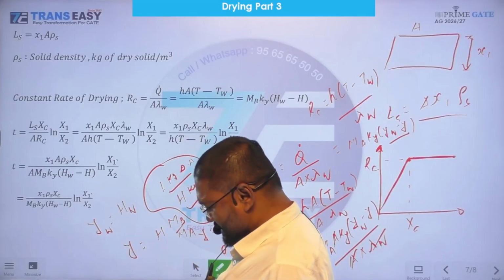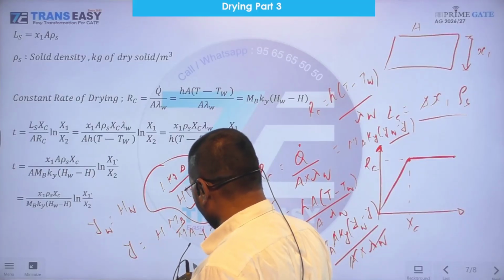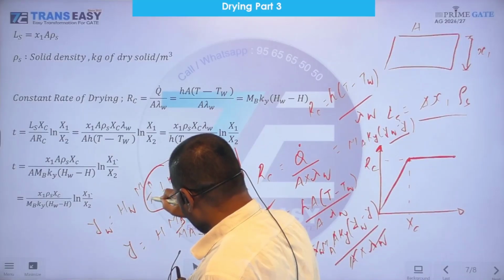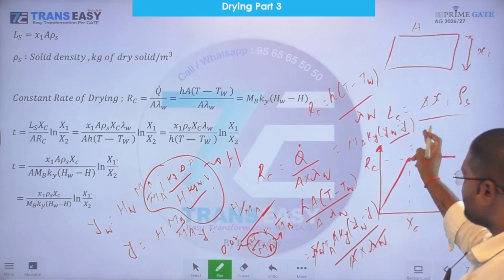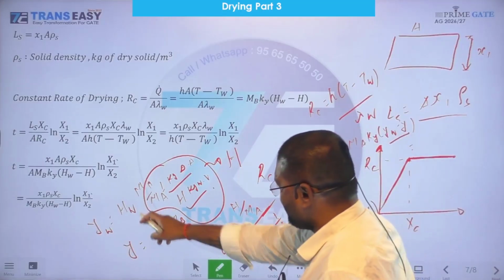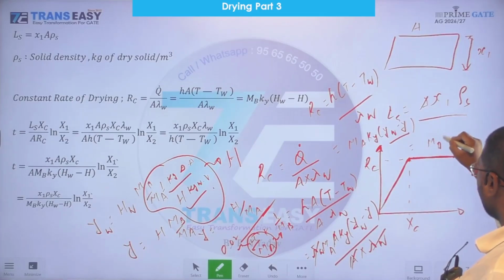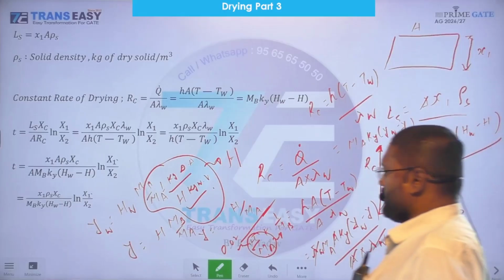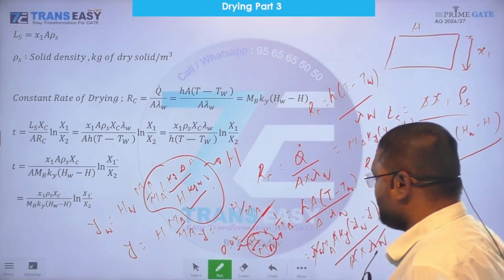Exactly, this is the condition of wet bulb temperature measurement. M_B upon M_A. So if we put these values from this equation, we will get M_B K_Y (H_W minus H). Right? So in this way, we can calculate each and everything.